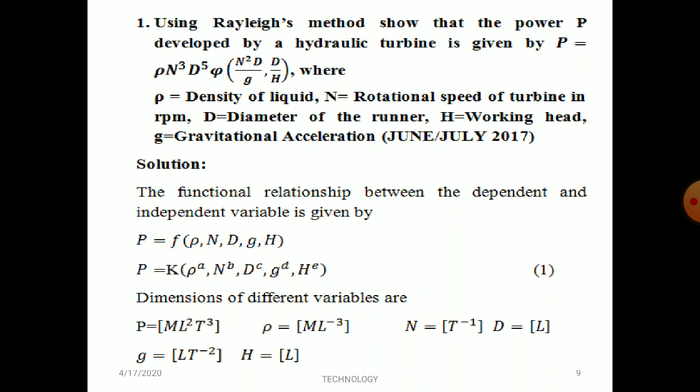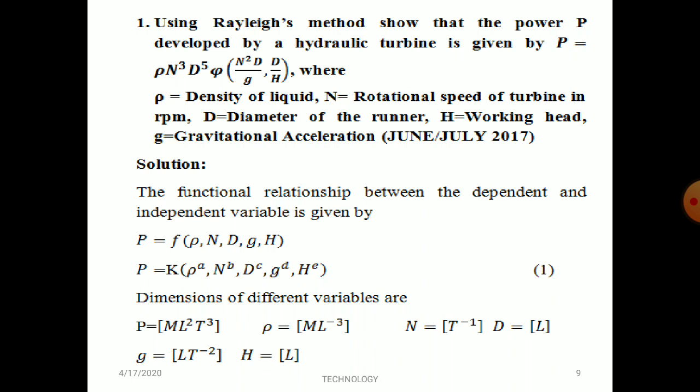Then rho, that is kg per meter cube, so the dimension becomes M L to the power minus 3. Then n, the rotational speed in rpm, revolution per minute. Revolution has no unit, and minute is a unit of time. Since per means it is divided by something, when it goes to the numerator it becomes T to the power minus 1, where T is the dimension for minute.